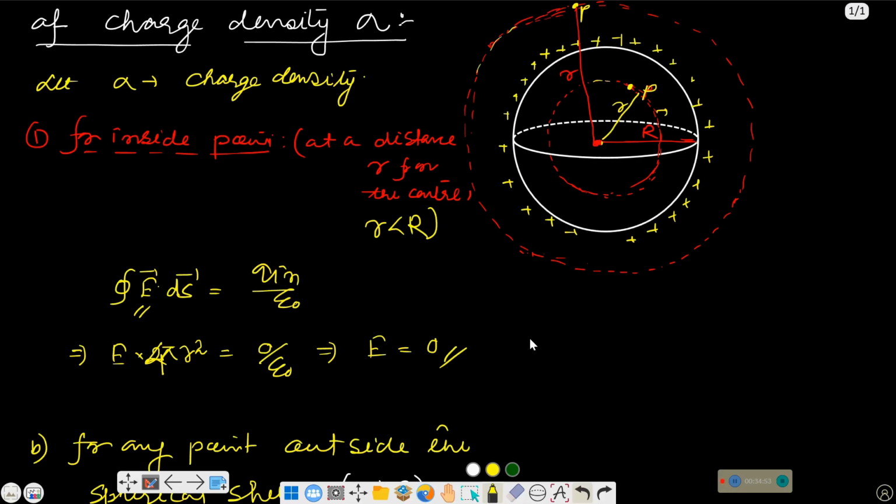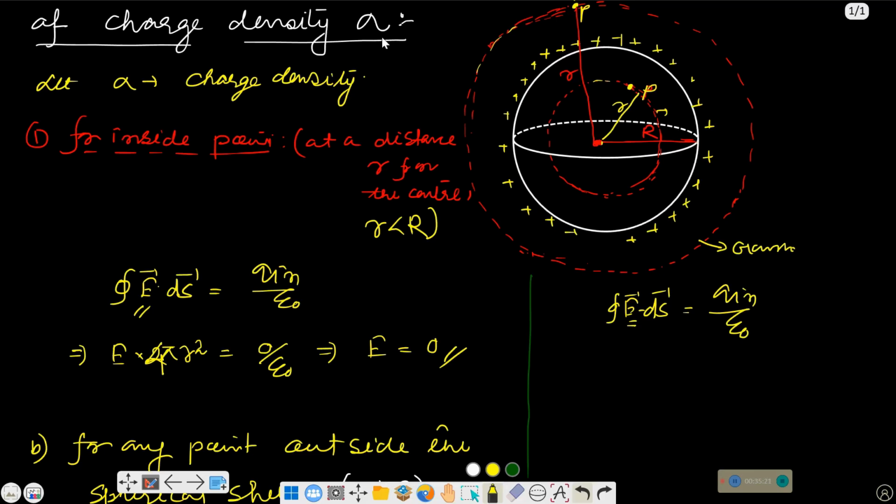So for this, the integration of E dot ds, if E is the electric field at the point P, equals q in by epsilon naught. Now this Gaussian surface, which is outside the spherical shell, is enclosing the whole surface charge.